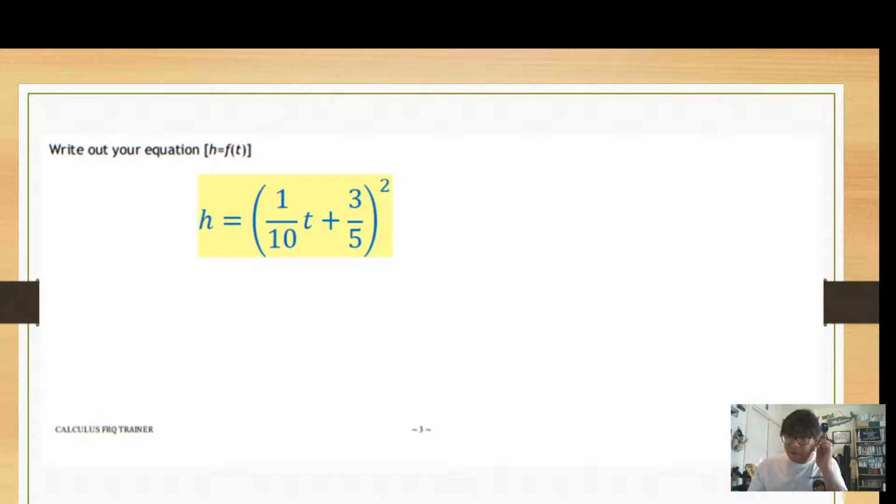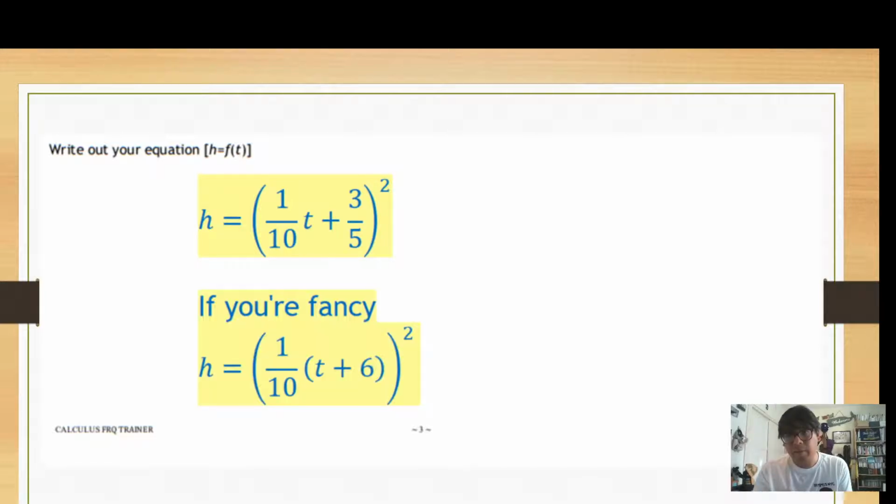Technically, you're finished here. This is the end of the problem. You don't have to simplify further, especially for the AP test. But you could factor out a 1/10 to make this look nicer, so I went ahead and did something a little extra. We get 1/10 of the quantity (t plus 6), that whole thing squared, and 1/10 squared is 1 over 100.